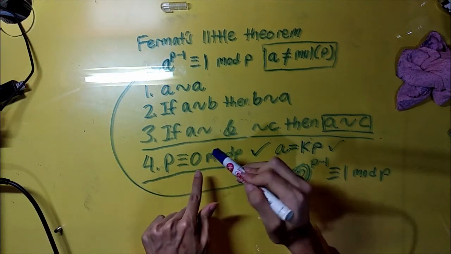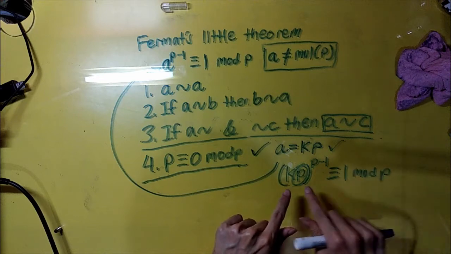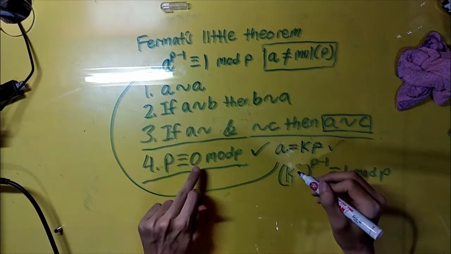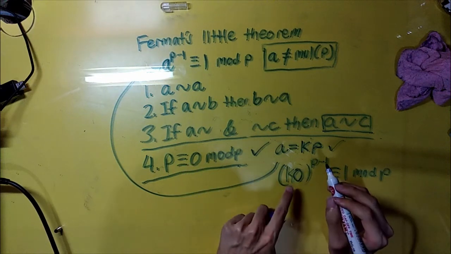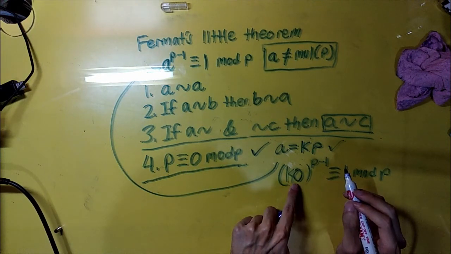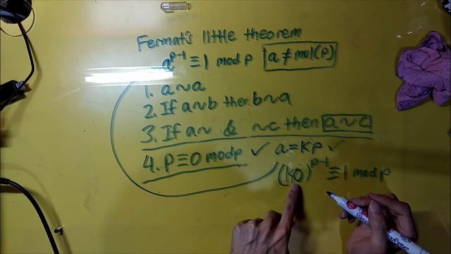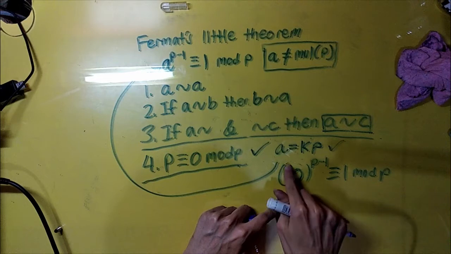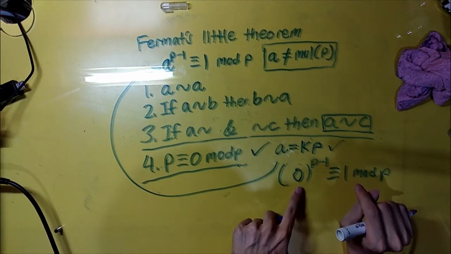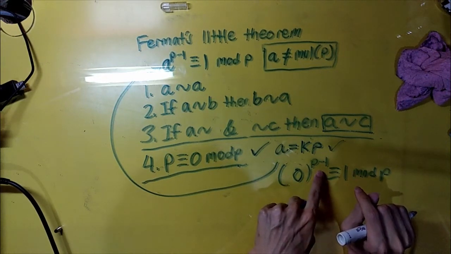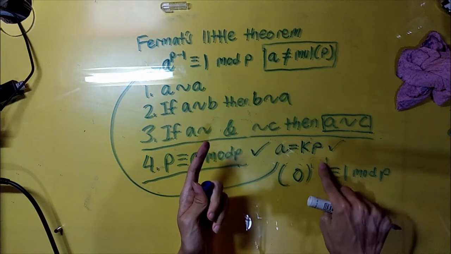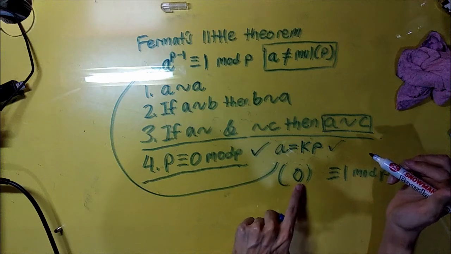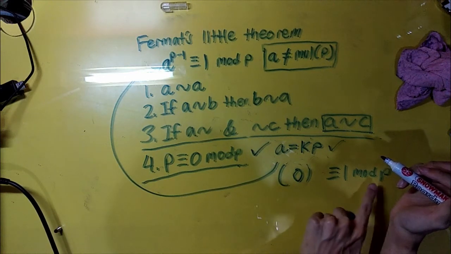Since p is equivalent to 0 mod p, we can substitute p for 0. We can get rid of the middleman here and directly add 0 there. But this would mean that k multiplied by 0. Any number multiplied by 0 is just 0, right? And 0 to the power of anything is still just going to be 0, so we can just get rid of this as well. And what we have in the end is 0 is congruent to 1 mod p.